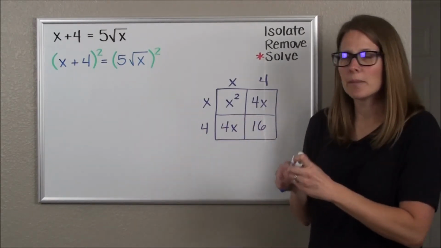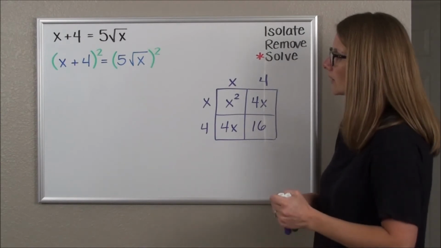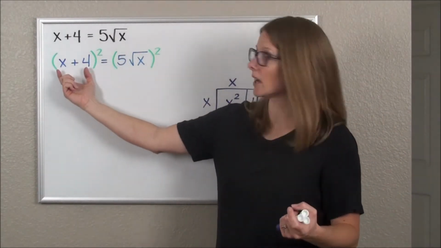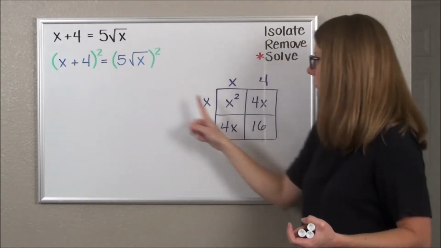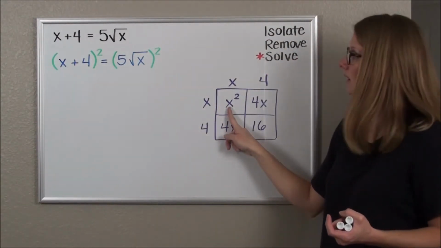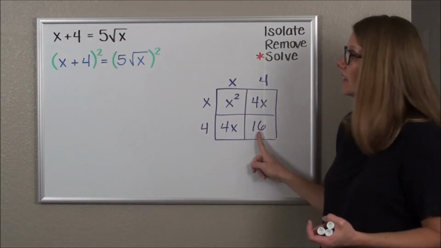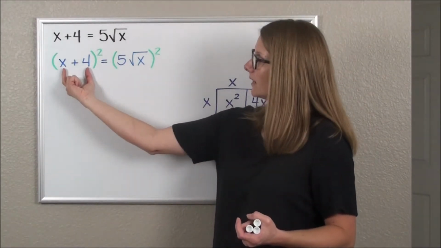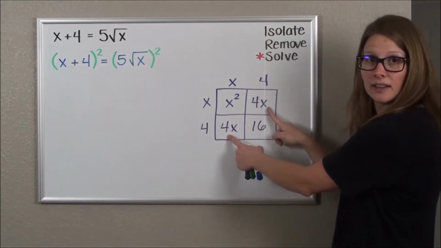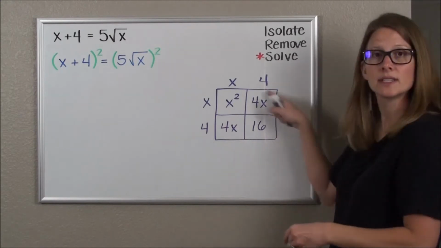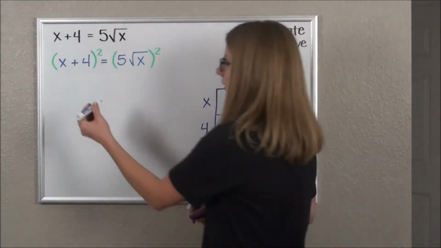Now you may remember this shortcut that we talked about earlier in the class, that when you square a binomial, there's a shortcut. You can square the first to get the first, you can square the last to get the last, and you can multiply and double it to get the middle. So you can use that shortcut, or you can go off to the side and do the area diagram or your FOIL.